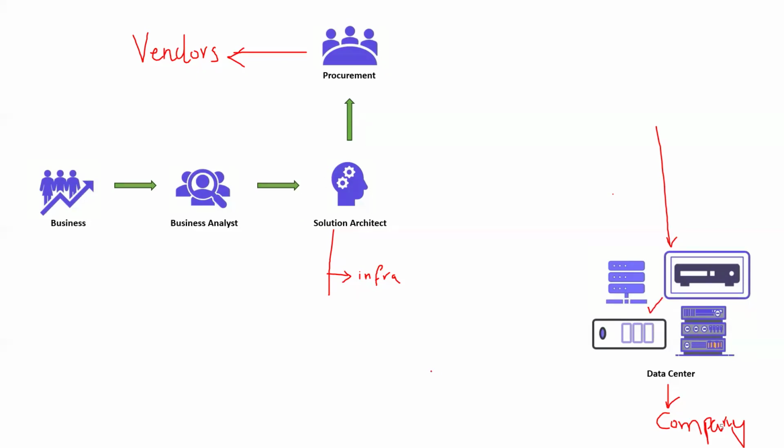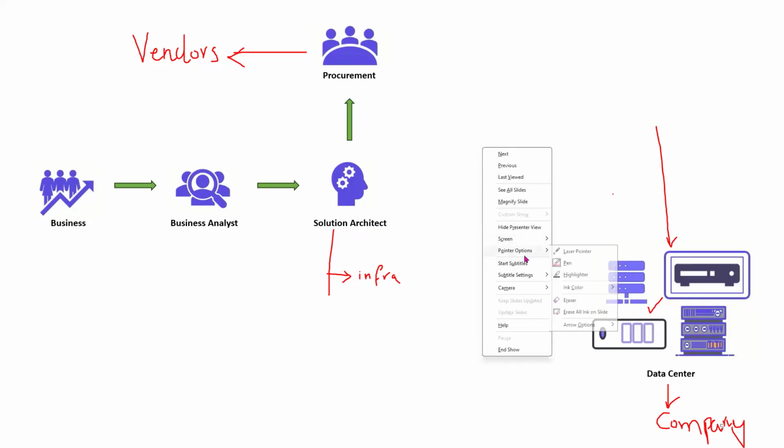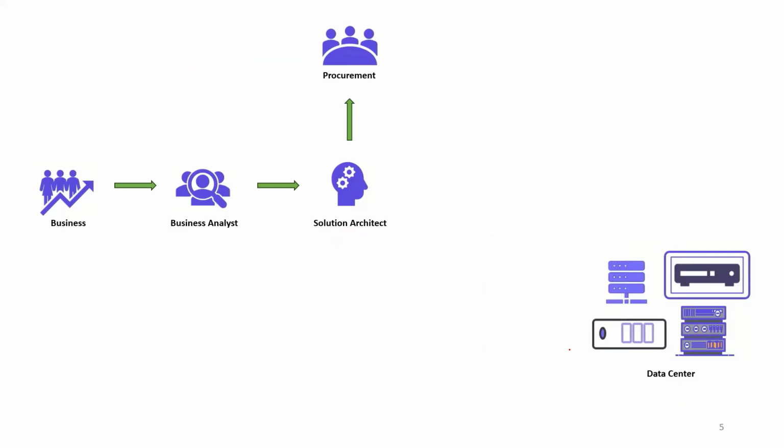But if it is not available, the solution architect will create a request to the procurement team, the procurement team will connect with the vendors team, and the vendors team will purchase the hardware and deliver it to the data center. That is how it happens.